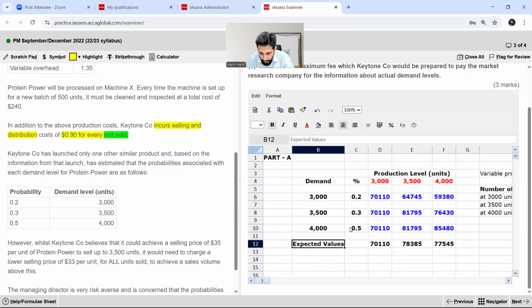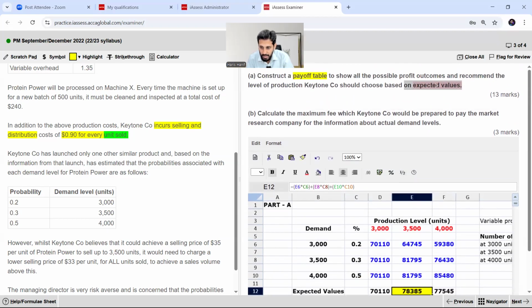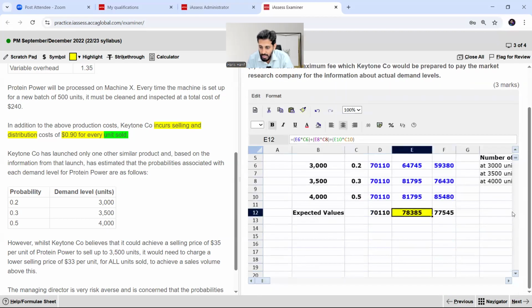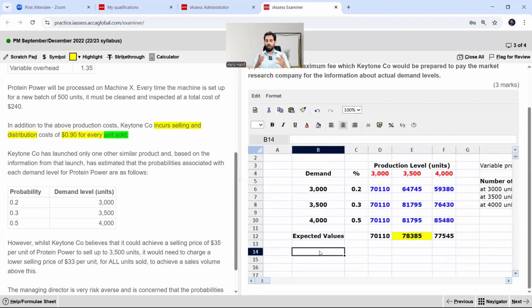So which of the expected value seems to be high? That is this one, 78,000. And so based on the expected value, we should produce 3,500 units. We should produce how many units? 3,500 units.